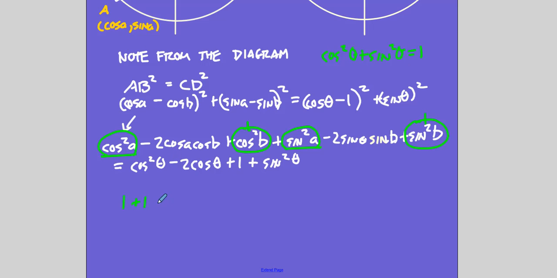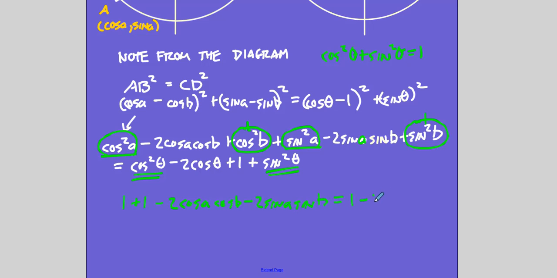Then I have minus 2 cosine A cosine B, minus 2 sine A sine B. And that's going to equal, on the right side, notice there I've got cosine squared theta plus sine squared theta, that's also 1.